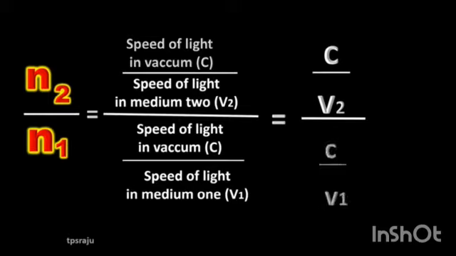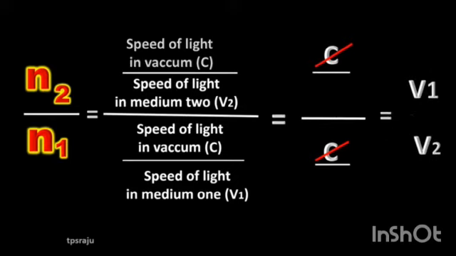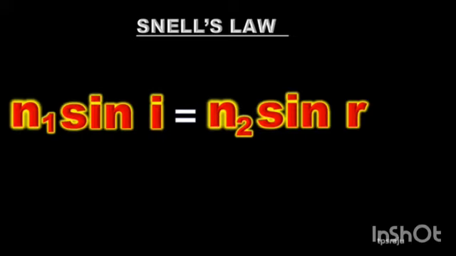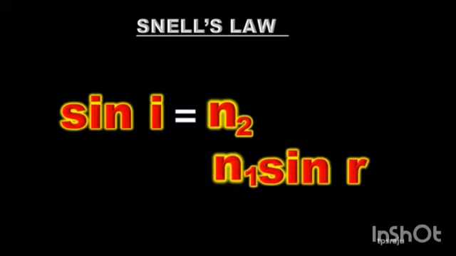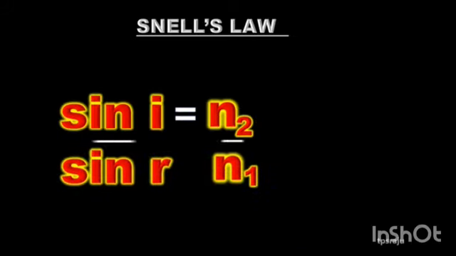Here c values are cancelled. So n2 by n1 equal to v1 by v2. Finally, we get sin i by sin r equal to n2 by n1 equal to v1 by v2.